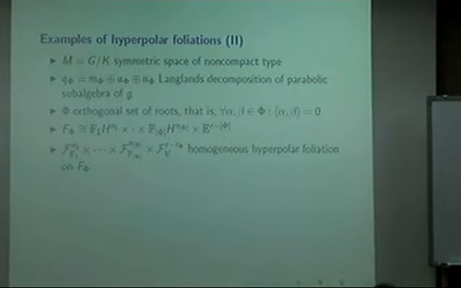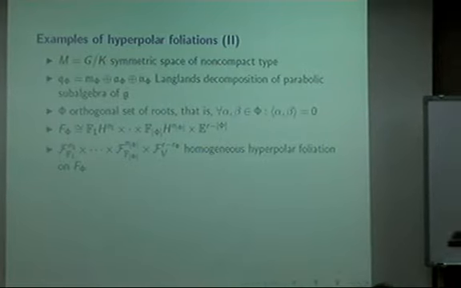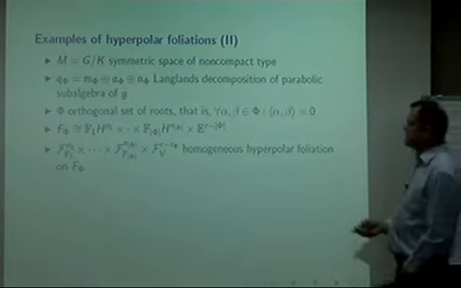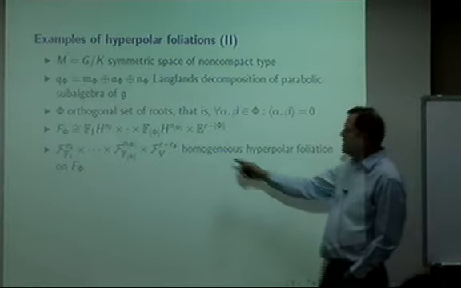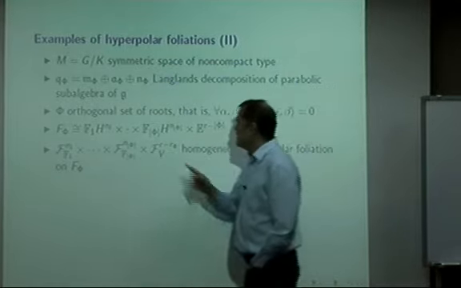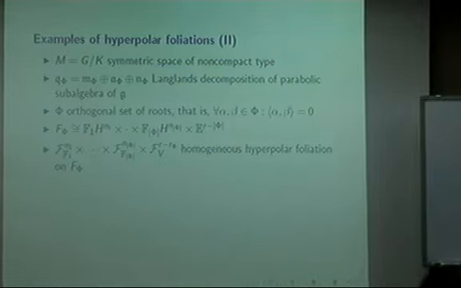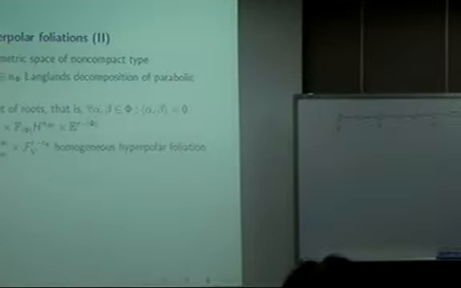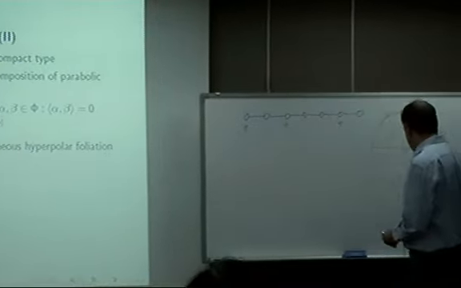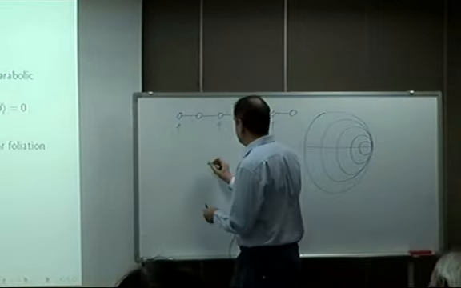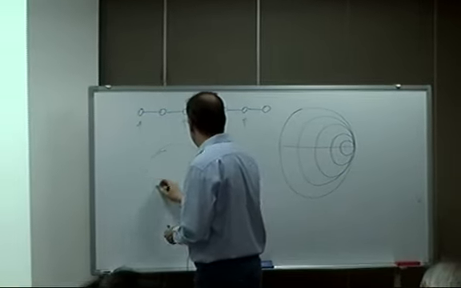So what we saw on the previous slide is that we have this homogeneous hyperpolar foliation on F phi. Now I erase this. You see here on these hyperbolic spaces, we have this foliation. I draw this again.